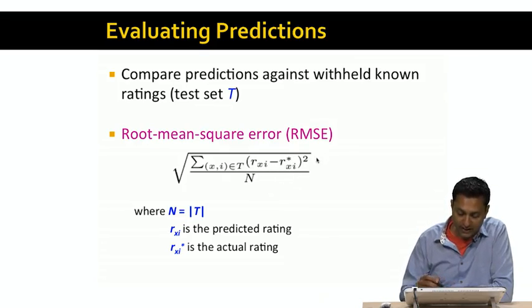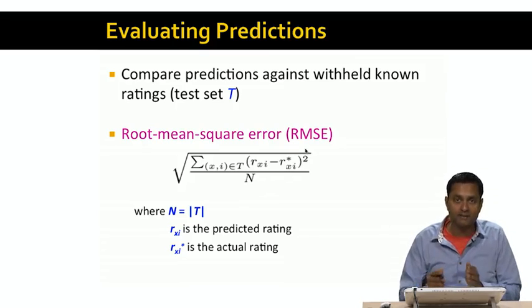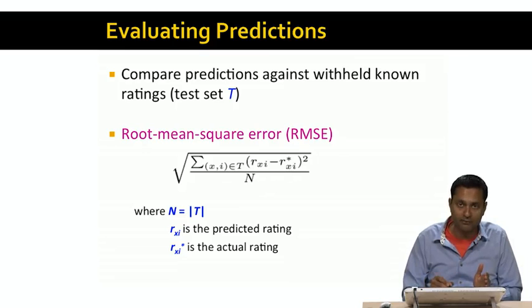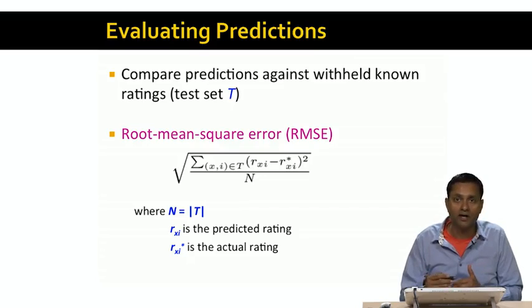Here, r_xi star is the actual rating for user x and item i, and r_xi is the rating predicted by our algorithm. We take the difference of those two and square it, sum those squares across all the withheld ratings, divide by the total number of withheld ratings, which is n, and take the square root of that. This is the root mean square error, and it's the most commonly used measure to evaluate a collaborative filtering system.